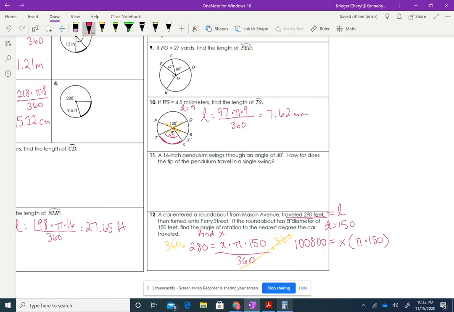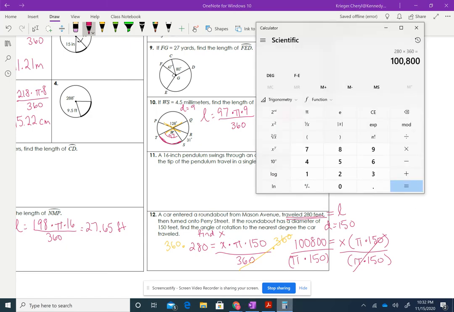Okay, and if we're trying to get X by itself, we'll divide both sides of the equation by pi times 150. Right, those cancel. Okay, and that gives me X by itself. So let's go ahead and plug it into the calculator. 100,800 divided by, I'll put my pi times 150 in parentheses.